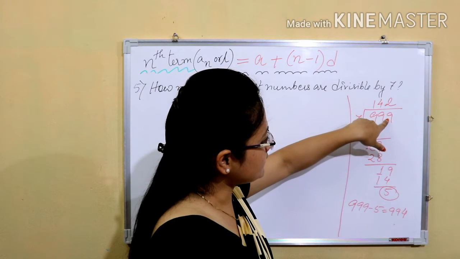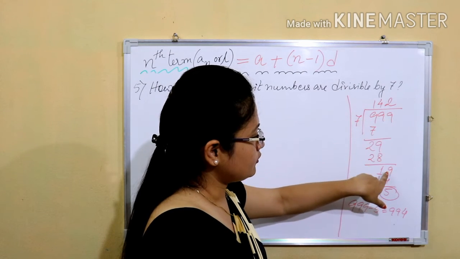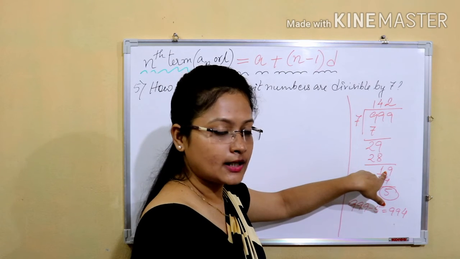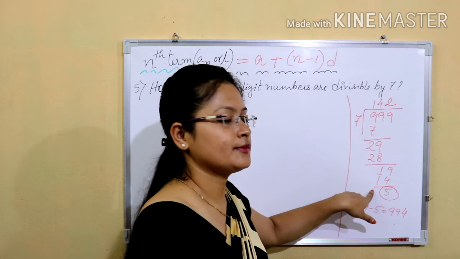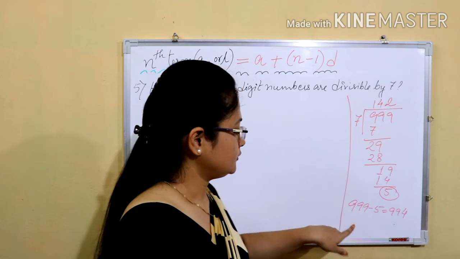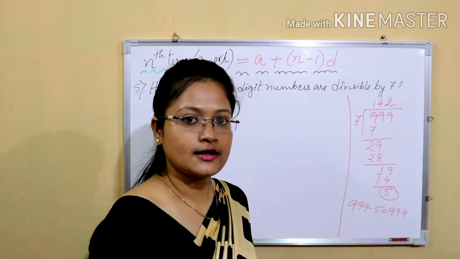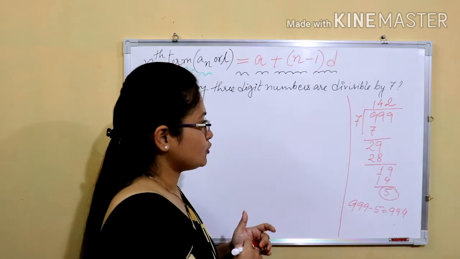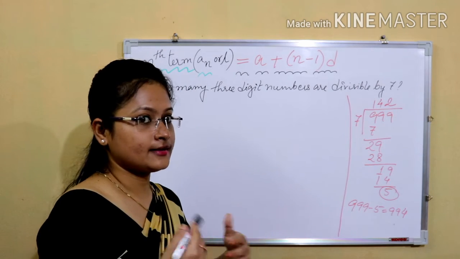If in place of 9 we have 4, 19 becomes 14, which is divisible and gives remainder 0. So 999 minus the remainder gives 994. So we got our first term and the last term.